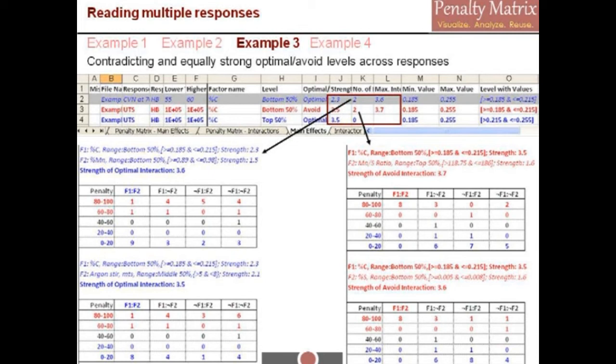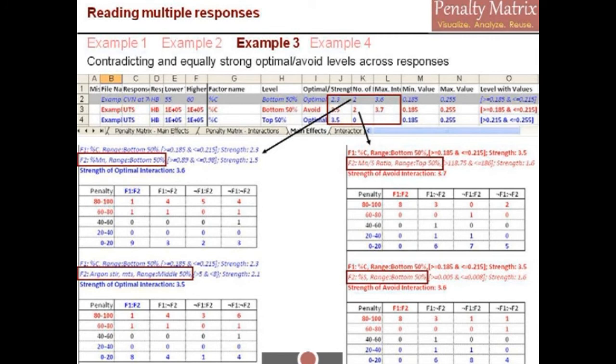For carbon, there are these two interactions in the interaction penalty matrix sheet. Carbon with UTS is avoid, and there are these two interactions. These avoid interactions are with the MnS ratio, the manganese sulfur ratio, and with percentage sulfur.